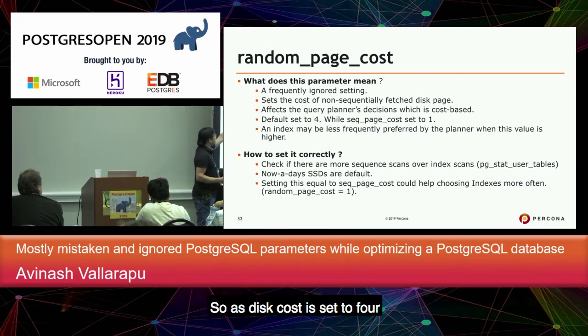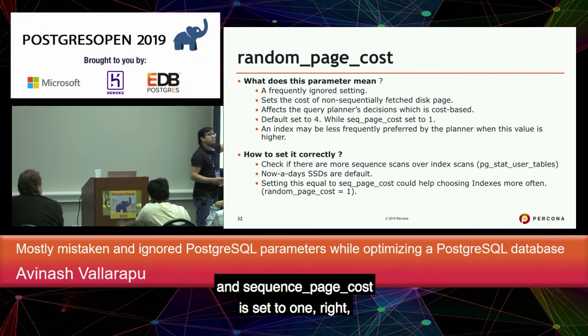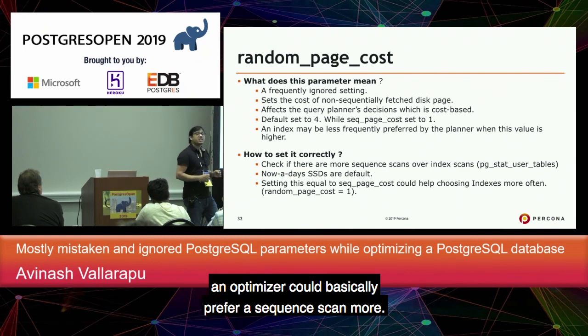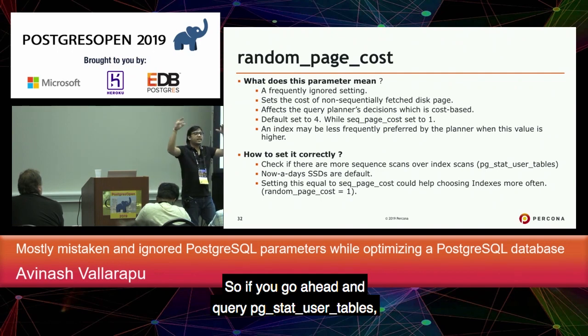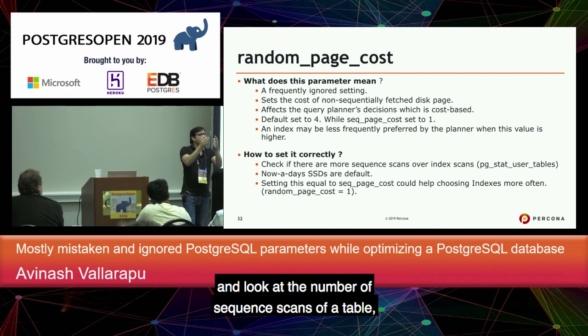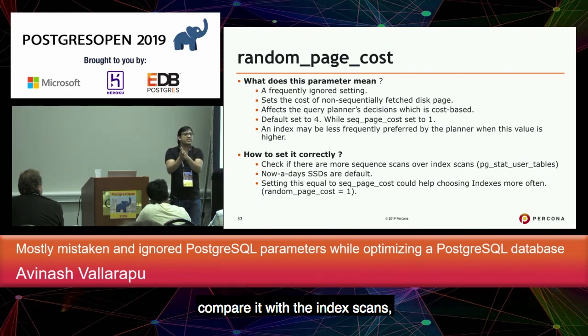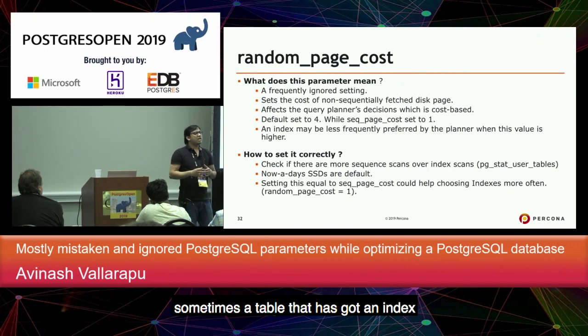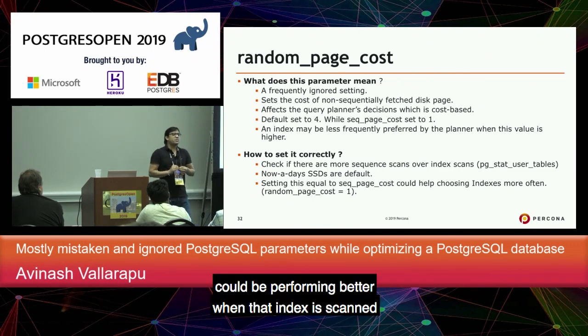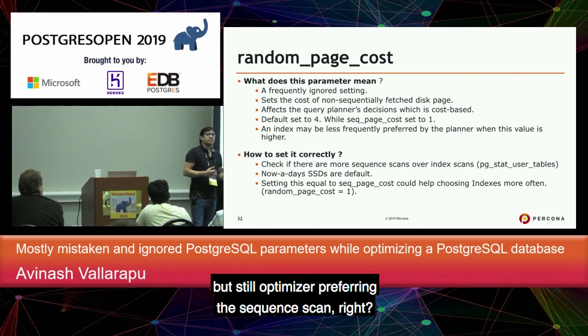So as this cost is set to 4 and seq_page_cost is set to 1, right? An optimizer could basically prefer a sequence scan more. So if you go ahead and query pg_stat_user_tables and look at the number of sequence scans of a table, compare it with the index scans, sometimes a table that has got an index could be performing better when that index is scanned, but still the optimizer prefers the sequence scan, right?